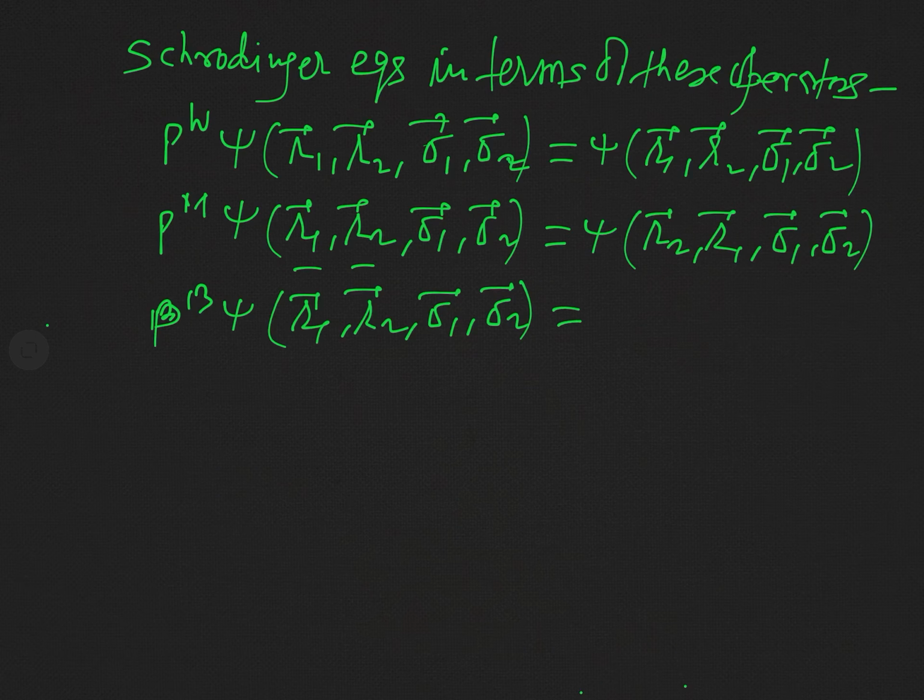As you know, this operator interchanges the spin directions, so our result will be psi of r1, r2, but sigma 2, sigma 1. You can see there is an exchange of the spin vectors sigma 1 and sigma 2 here.